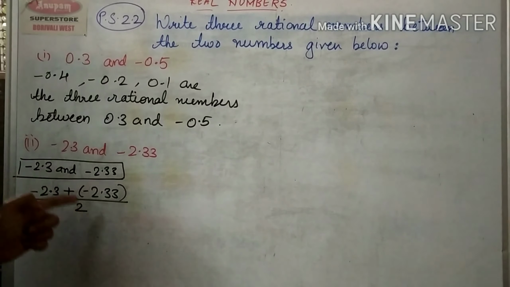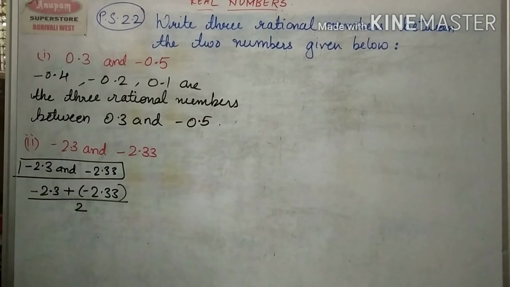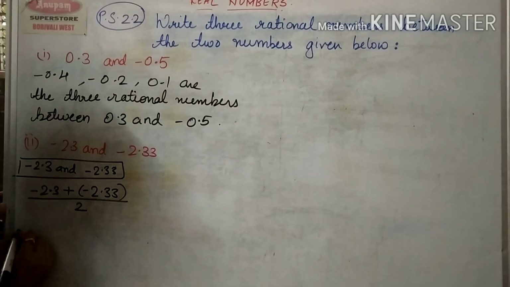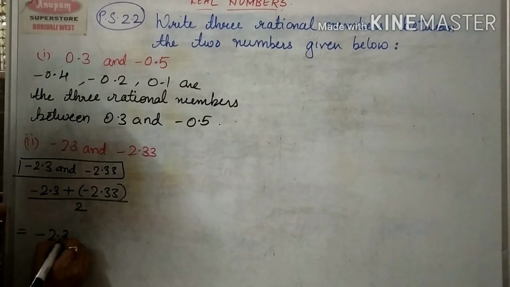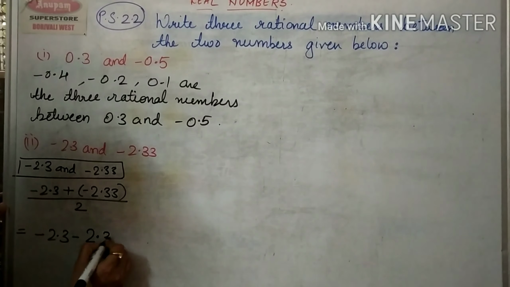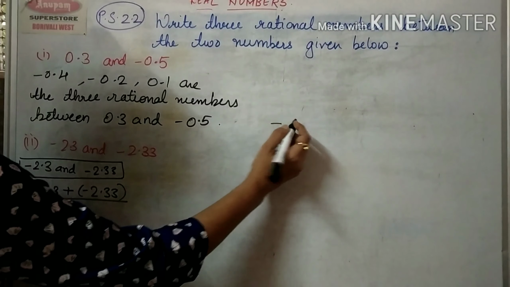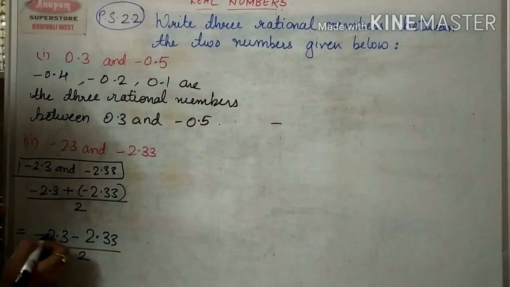You add the two numbers and divide by 2. When you do this, children, you will automatically get your number which lies between these two numbers. So, what do I get here? Minus 2.3 plus minus 2.33, divided by 2. So if I do this in rough, first of all, minus into minus will be plus.